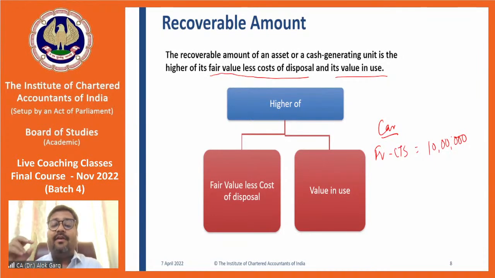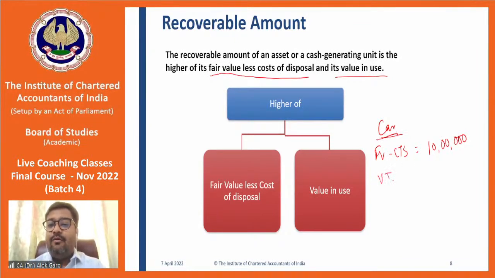So that is why we are reducing cost to sell. For example, if I'm selling my building, I will have to pay some duties, some commission, some directly incremental cost, right? So net, if I talk about what will come into my hands, if this building is getting sold at 20 lakh rupees and 1 lakh rupees is the cost to sell, then in my hand net 19 lakh will be there, right? So guys, in this example, the fair value less cost to sell of the car is 10 lakh rupees.